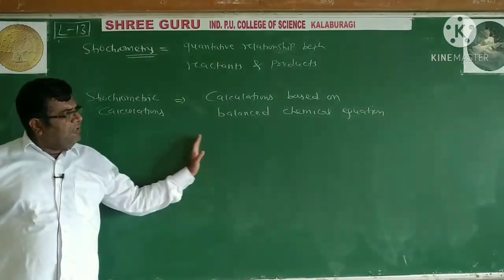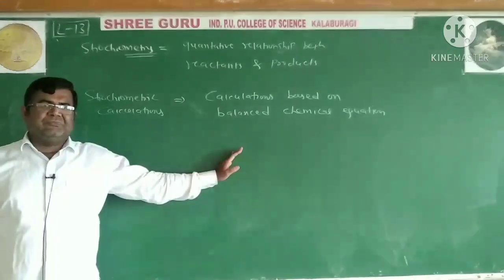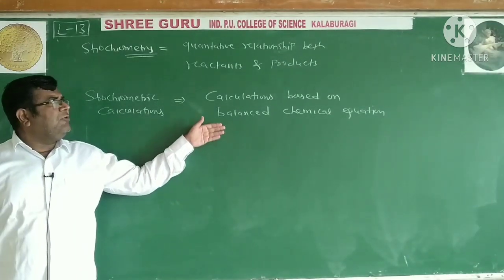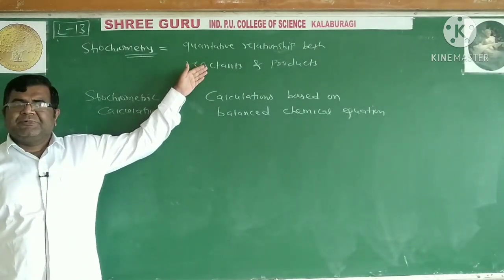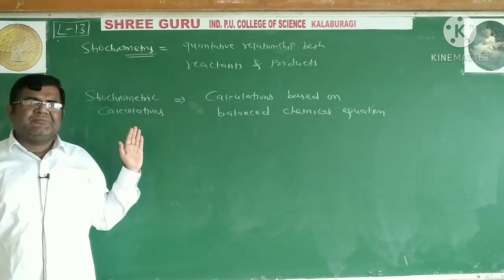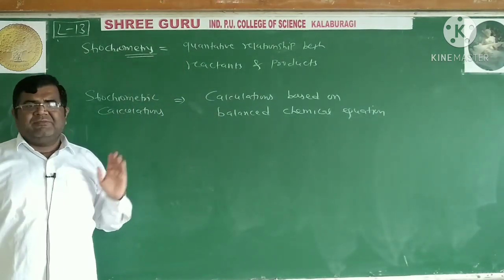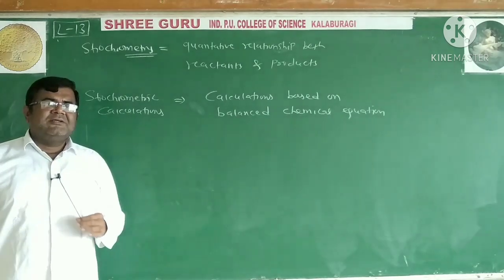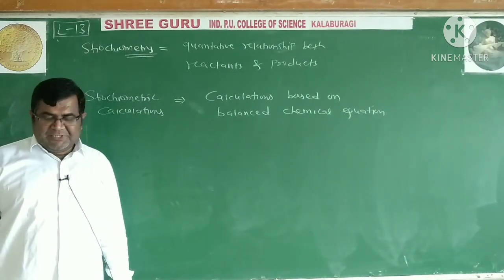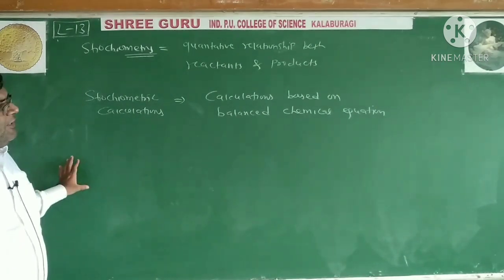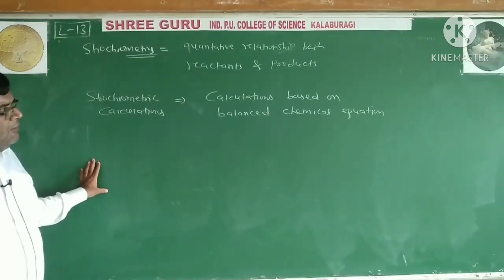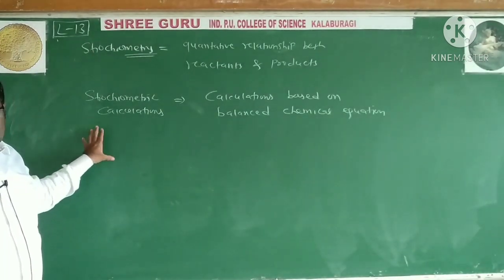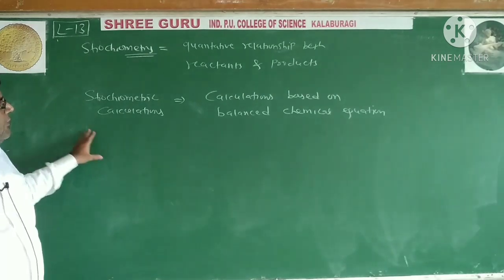If we have a balanced chemical equation, we can conclude about the quantitative relationship between reactant and product, and that relationship itself is called stoichiometry. Calculations are called stoichiometric calculations. So I have to deal with this. This is part of our syllabus.